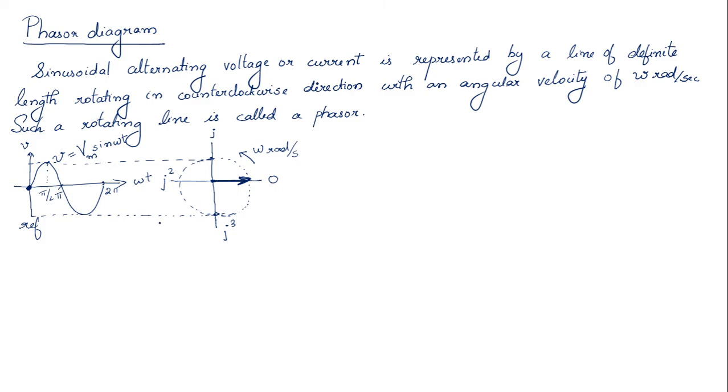Now one more idea I'll give you regarding phasor diagram. Where the phasor is marked on the reference axis, for example in this one, what is the image it makes on the y-axis? This is the y-axis. The image the phasor makes on the y-axis becomes the instantaneous value of that AC quantity.